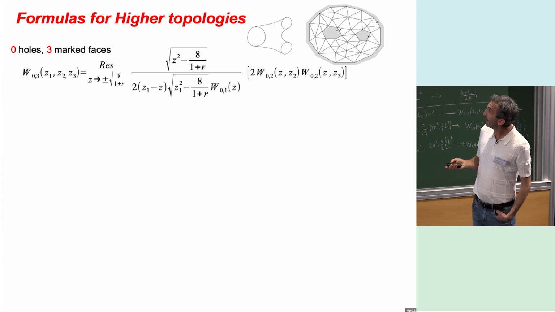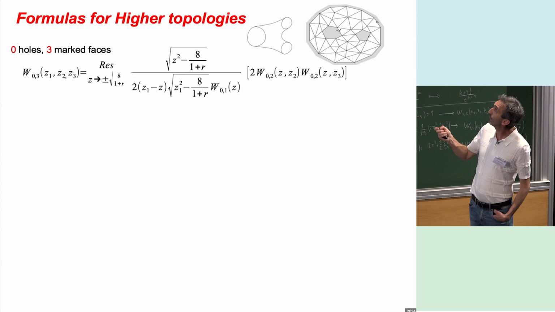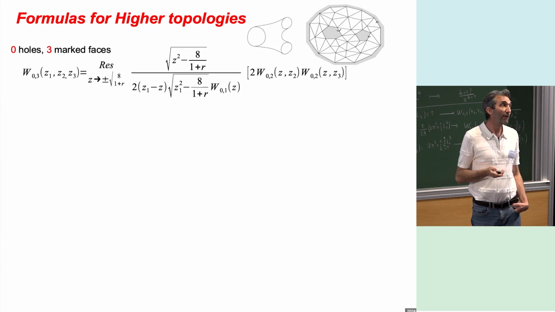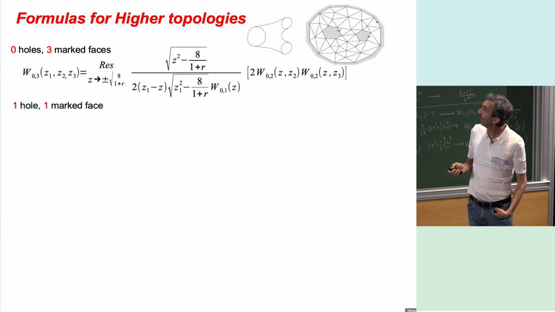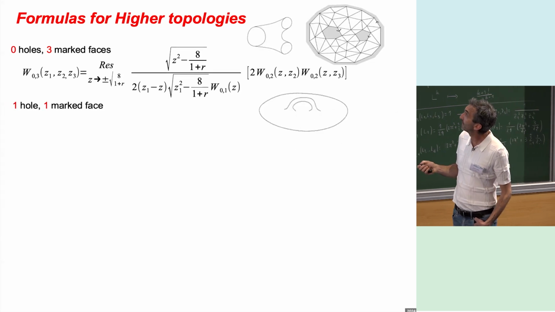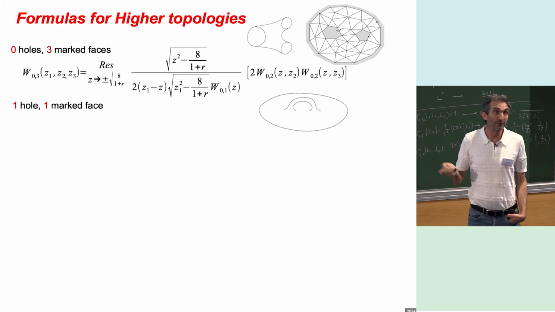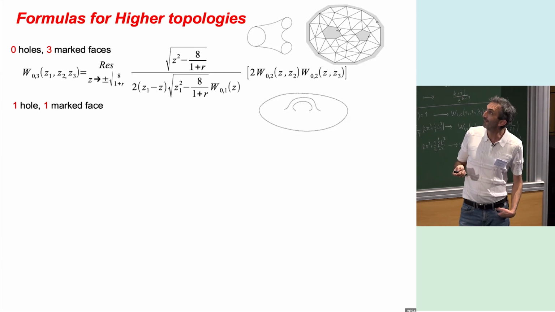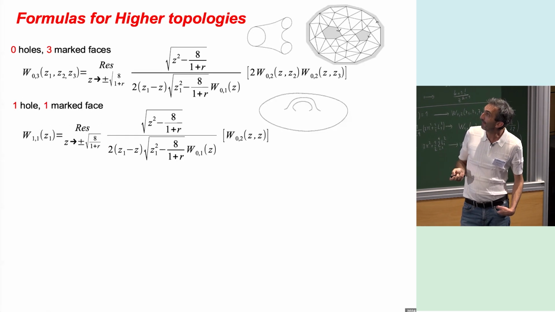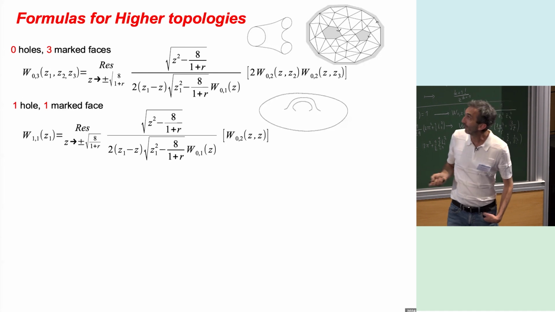It may look strange because Z2, Z3, and Z1 seem to play very different roles, but this function is indeed symmetric. Now let's look at another case, which is one boundary on one handle, so genus 1. And here is a formula for W11.